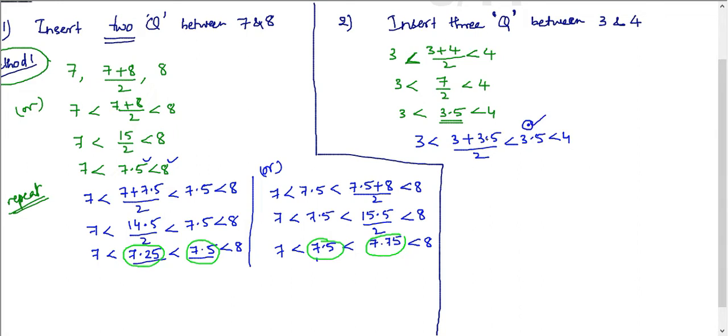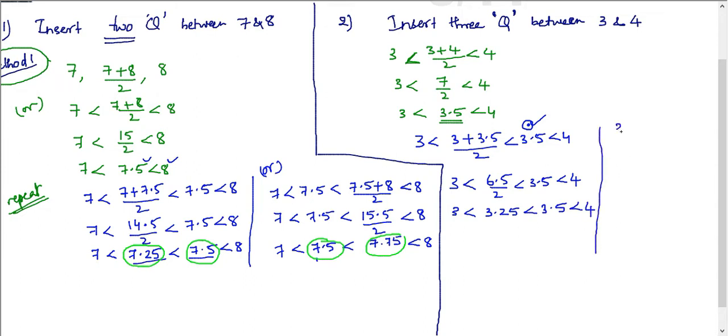You cannot skip 3.5 and write 4. That's wrong. Okay, so 3 less than 6.5 by 2 less than 3.5 less than 4. So 3 less than 3.25 less than 3.5 less than 4. This is one way of solving.